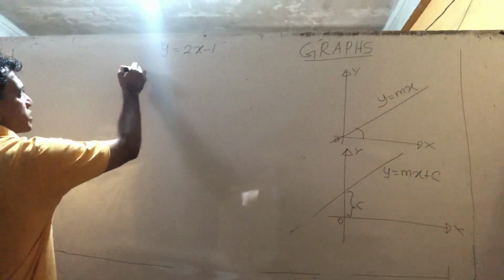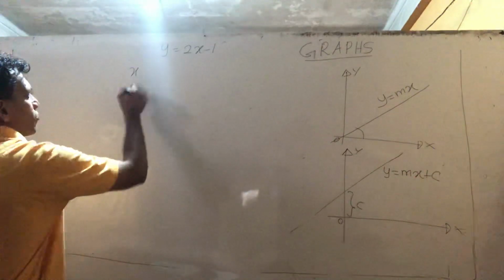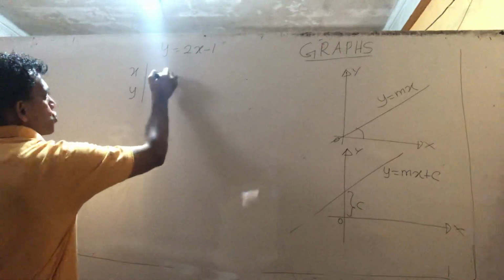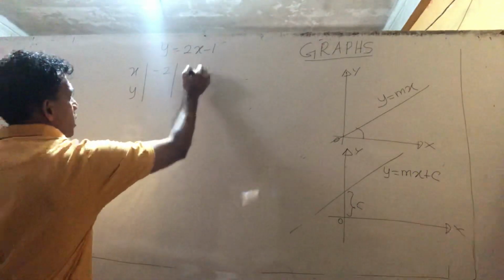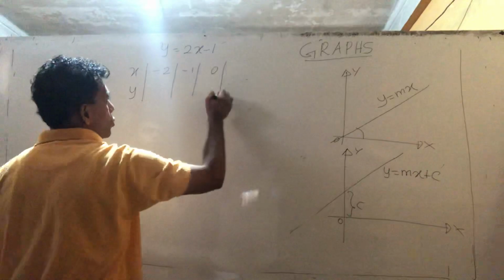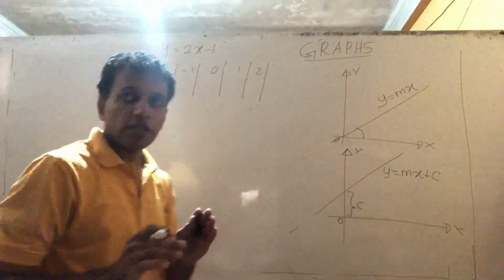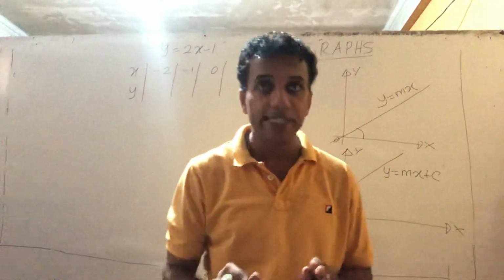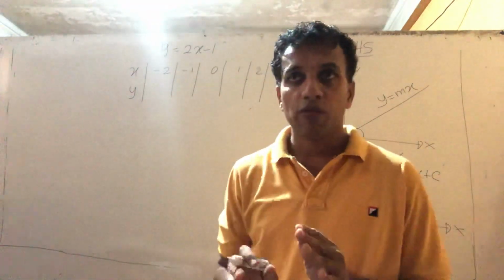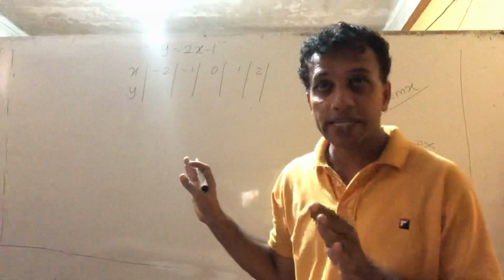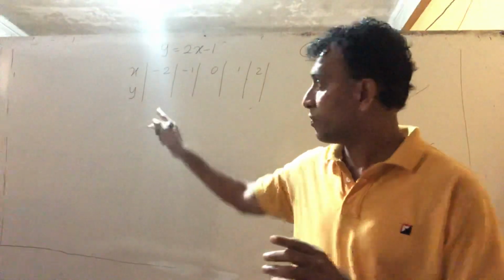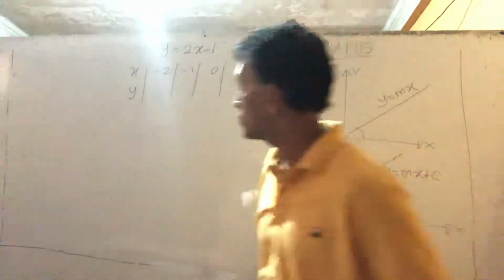We take x values from minus 2, minus 1, 0, 1, 2. I will introduce a new method to find the gradient idea. Therefore, we take a full solution with this example. So complete the y values first to draw this graph.